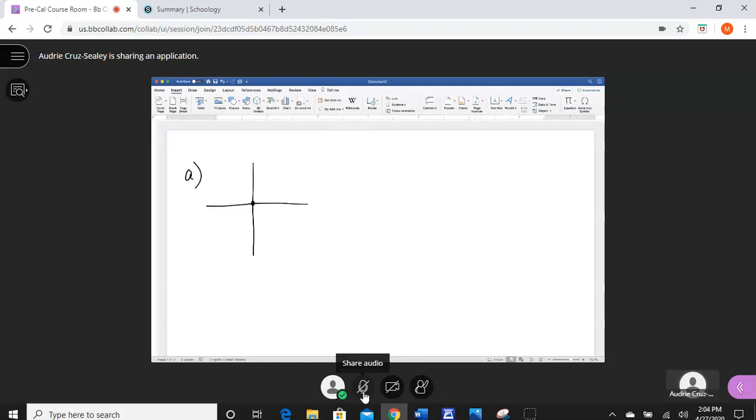So then you know that your focus is at (5, 0), which means it's going to open this way. We agree with that? So then you know that your p is 5. Since it's opening left or right, you're starting with y squared equals 4 times p times x. So you should have gotten y squared equals 20x, and that's the problem.